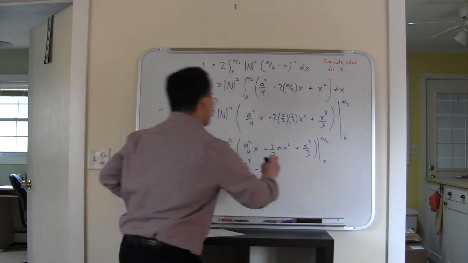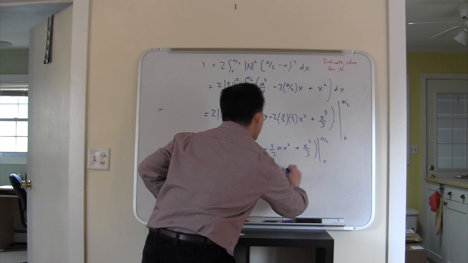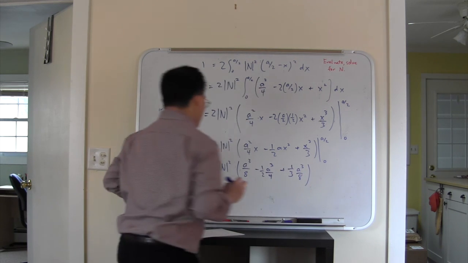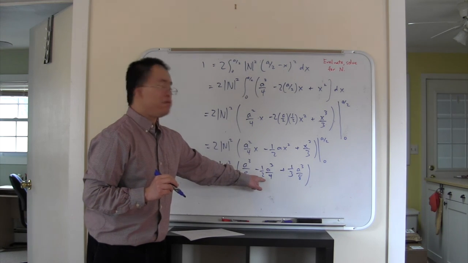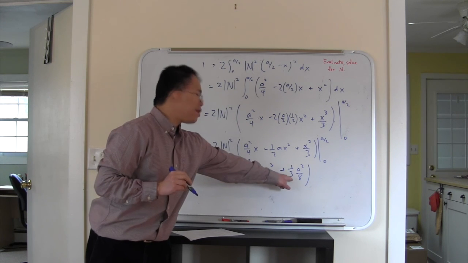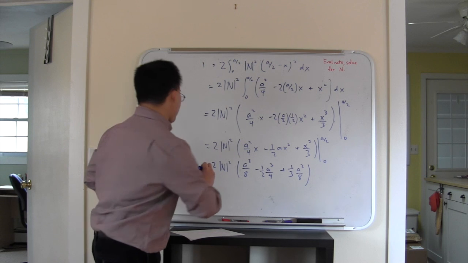And then we have 1/3 a cubed over 8. So this turns into minus a cubed over 8, which cancels out this term. And so the only thing that survives is this last term here.